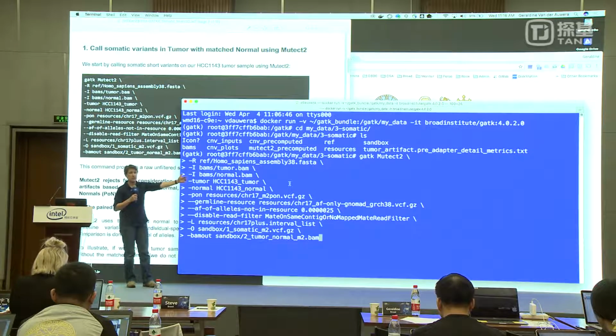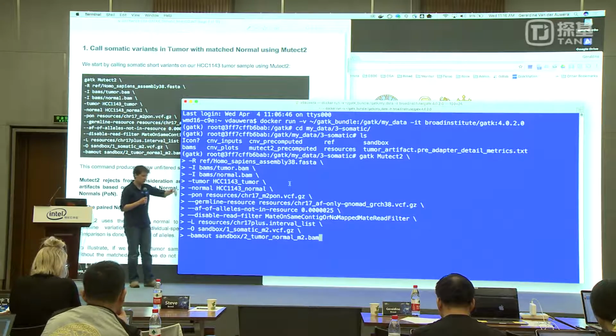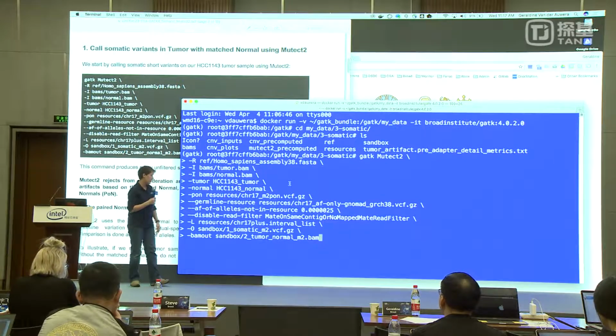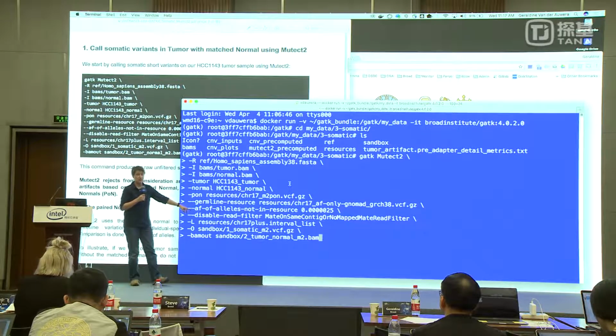Otherwise, I would have seen it in my population. It's kind of a back of the envelope estimate. That's how we get that number. Okay, so that's our heuristic for deriving this allele frequency.